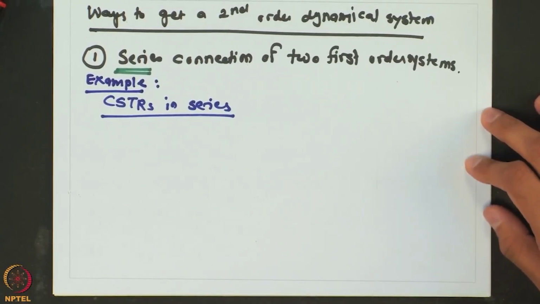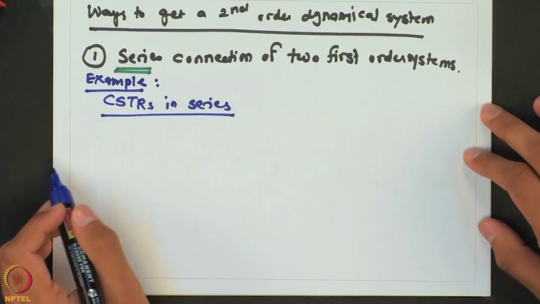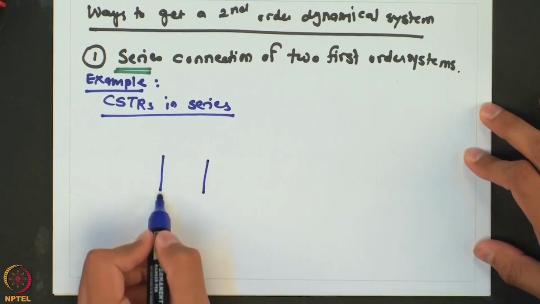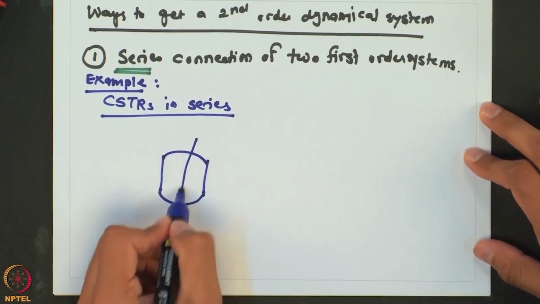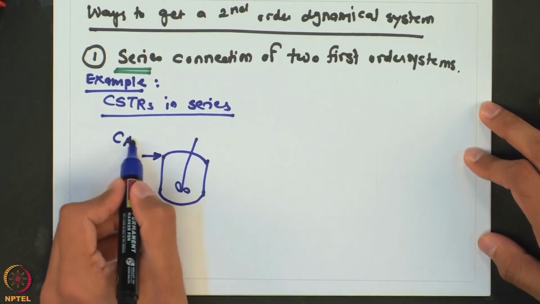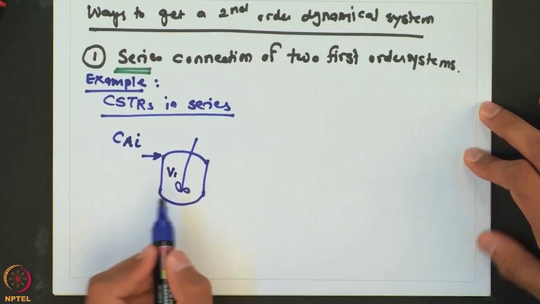So, CSTR is a first order dynamical system. We will see that in a minute. So, let us see what this particular system is. We have one CSTR. Let us say the input coming in is CAI, the volume is V1.